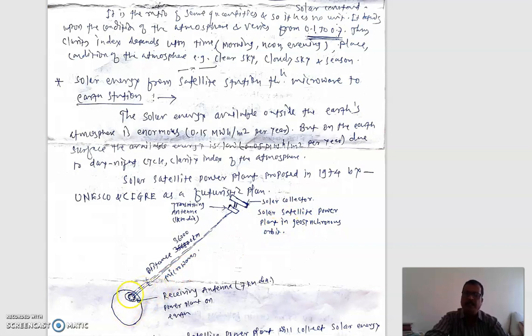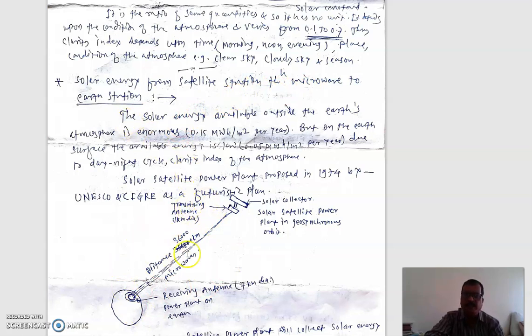Then this receiving antenna sends these microwaves to the conversion system, which converts microwaves into electrical energy and supplies it to the distribution network. This is about solar energy from satellite station to microwave to earth station.